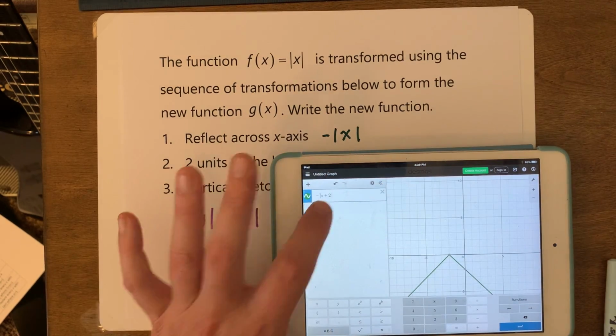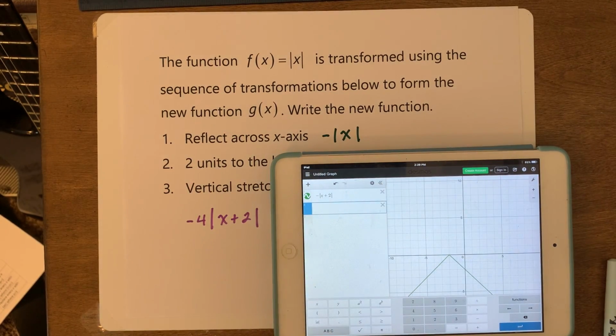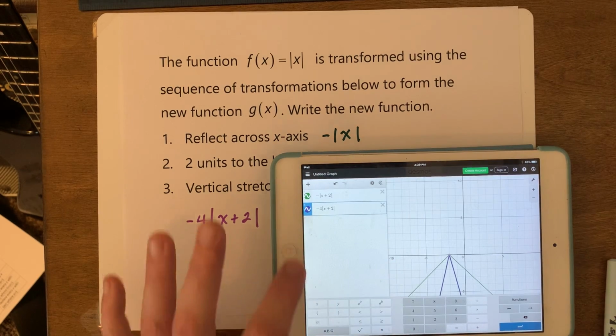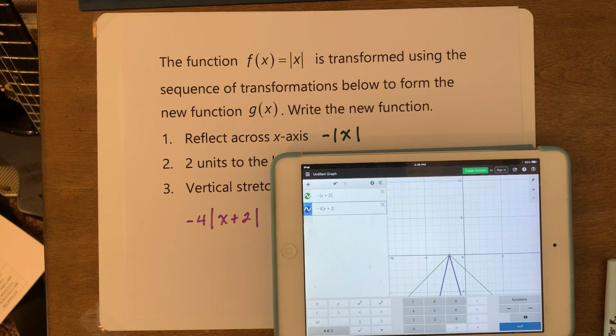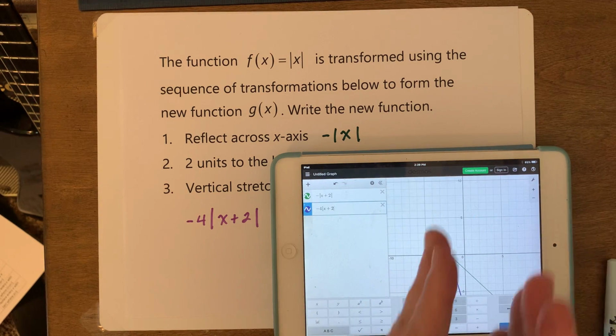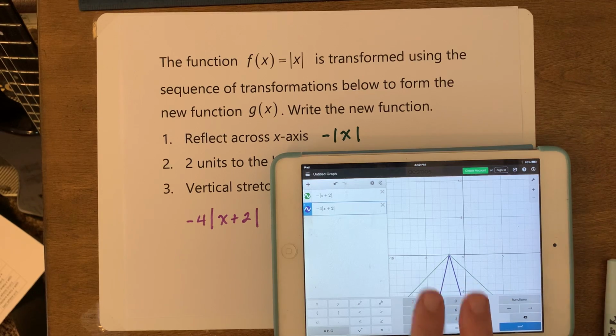Get rid of that one. Vertical stretch factor 4. So negative 4 absolute value, x plus 2. Okay, and vertical stretch says, and it did say, yeah, vertical stretch. For a vertical stretch, the points are being pulled vertically away from the x-axis, and it's making it narrower right there.